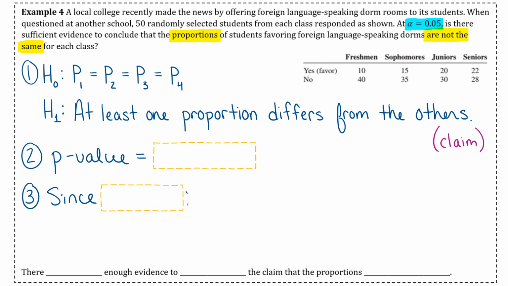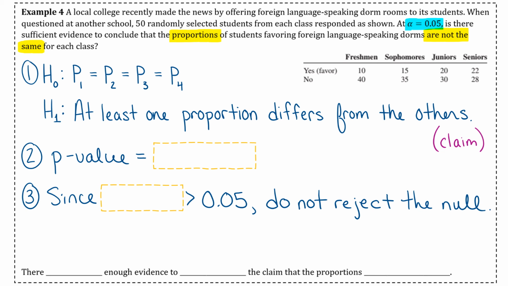And then once you have the p-value, you'll see that it comes out to be greater than 0.05. So we do not reject the null. And then our very last summary statement of the entire semester will say that there is not enough evidence to support the claim that the proportions differ. So great job, you guys.